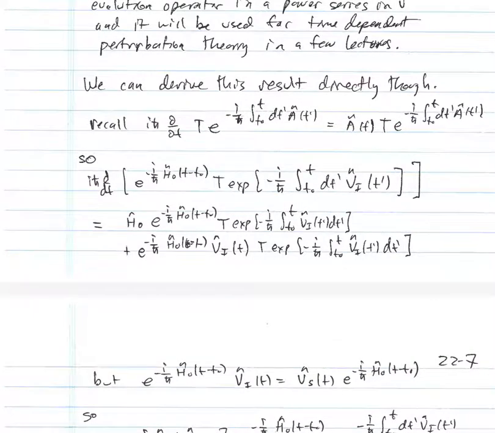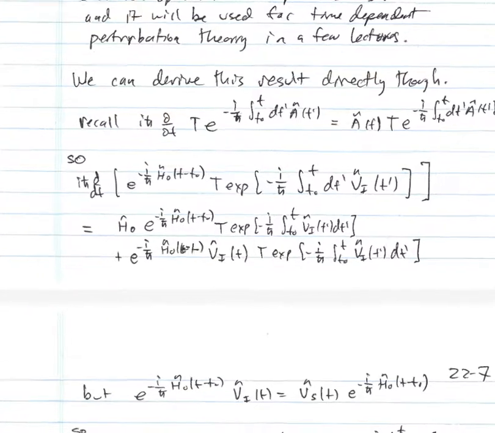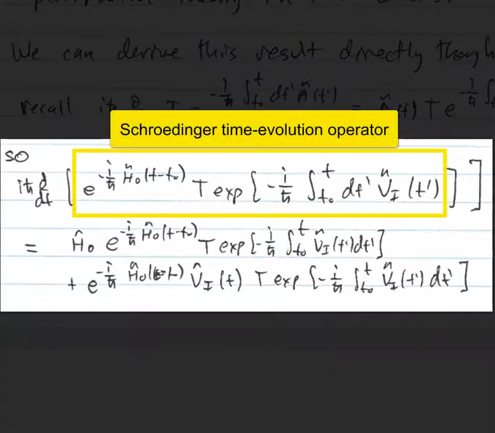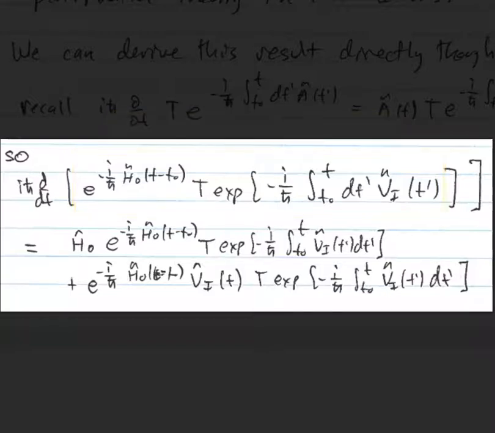So let's put that in for our Schrodinger representation of the time-ordered exponential, but we're going to rewrite that Schrodinger operator in terms of this interaction picture. So the Schrodinger operator is e to the minus i over h bar H0 (t minus t0) times the time-ordered exponential of the interaction picture potential. We now take the derivatives with respect to time.